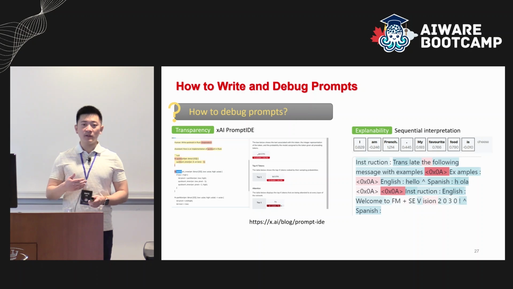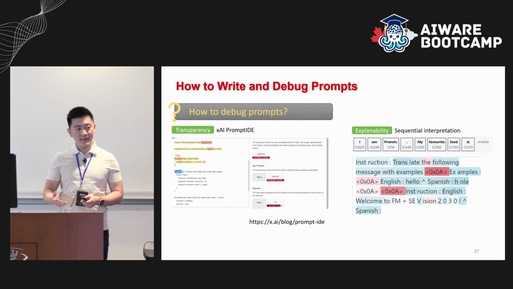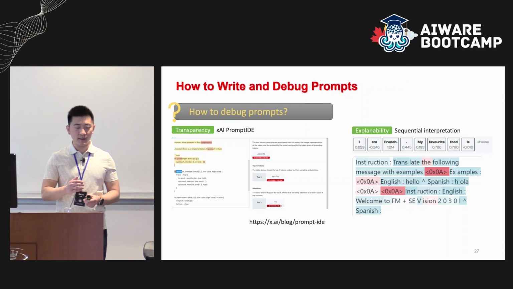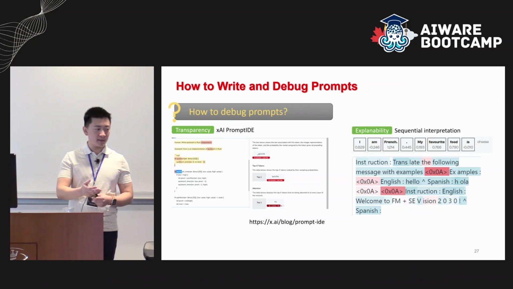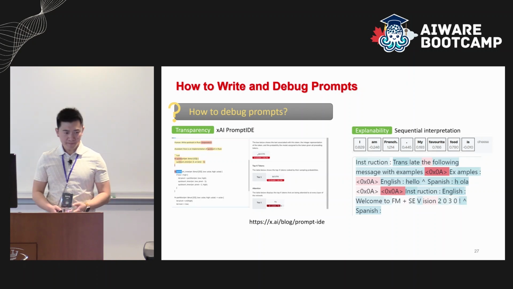So it's very useful if you're a model developer trying to understand why it's failing in certain cases or not behaving as intended. But as a prompt engineer, sometimes this level of information is not really useful because it's very detailed. We see that this token is sampled with this probability, but it doesn't really give us the information of, okay, how do we fix the prompt?